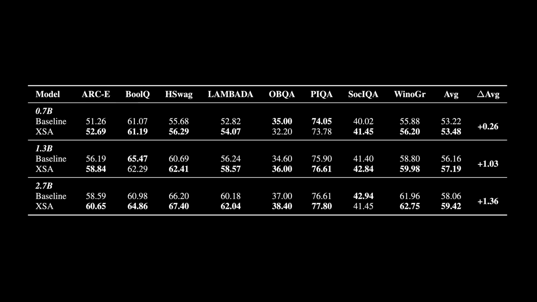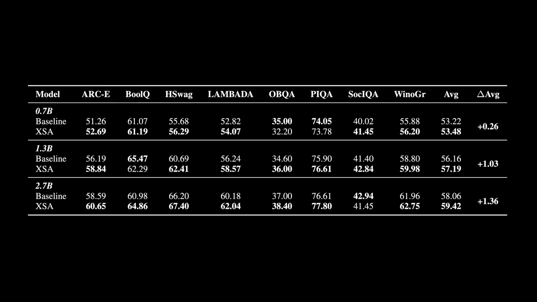Here is the performance across a suite of language understanding benchmarks. The improvement grows as the model gets larger. One interpretation: bigger models have more attention capacity to begin with, so freeing that capacity from redundant self-direction encoding yields larger absolute gains. But practical adoption depends on more than accuracy.